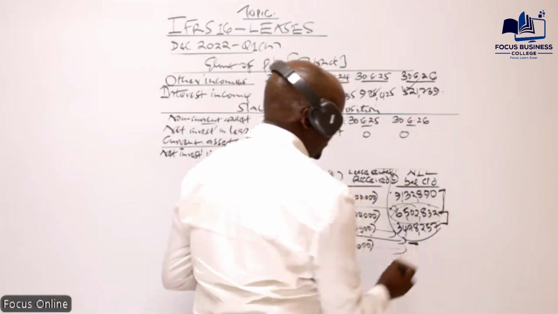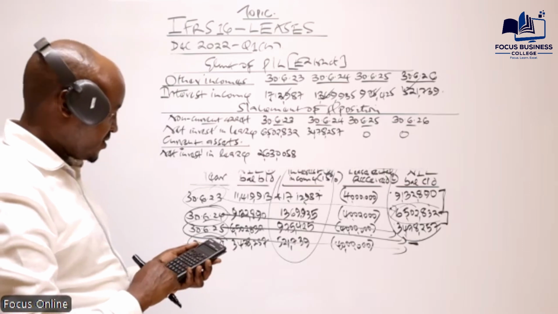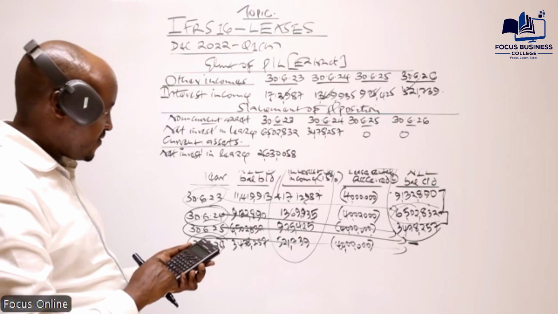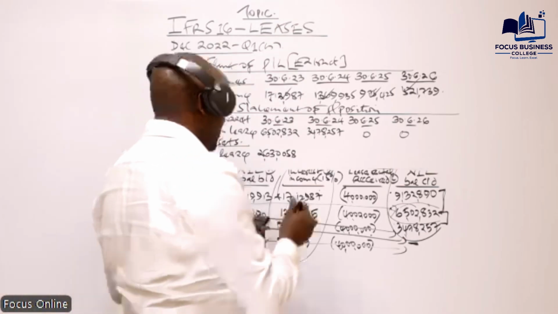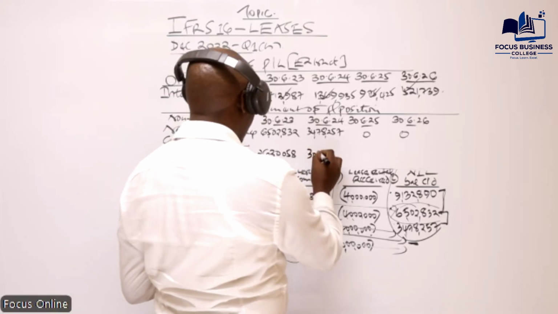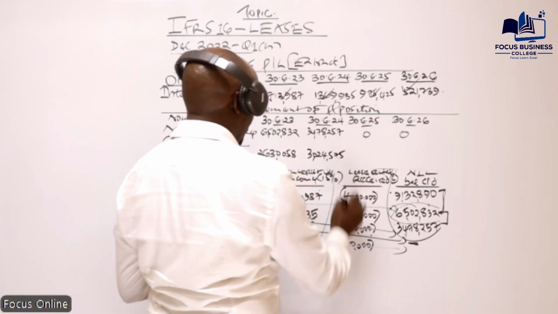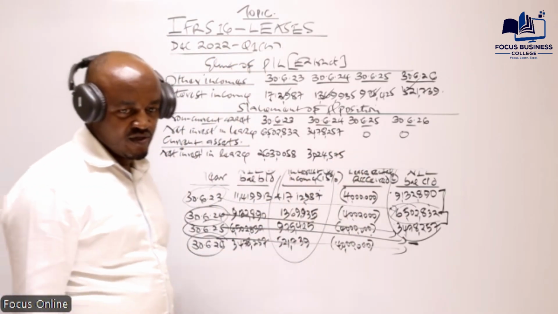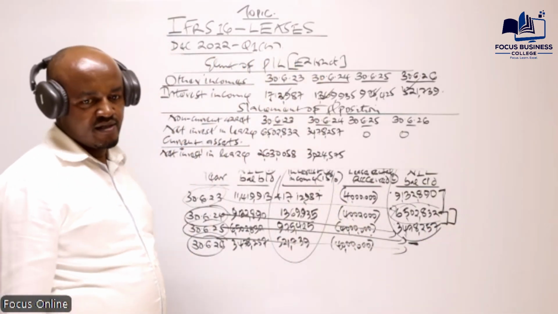Then we get the difference between 65,02,832 minus 34,78,257. That gives us 30,24,575. Can you confirm whether you're getting that value here? Is that what you're getting, the difference between those two values?